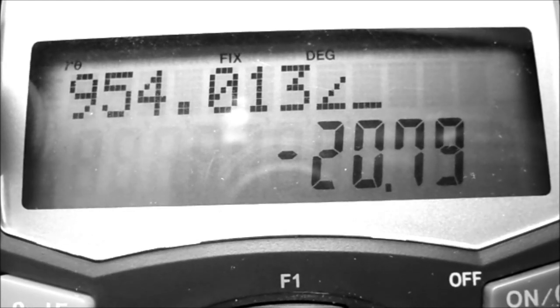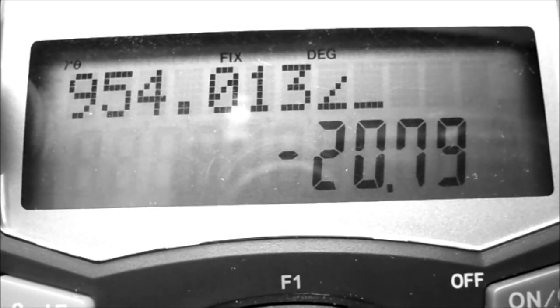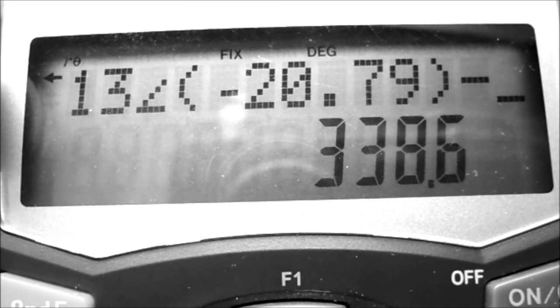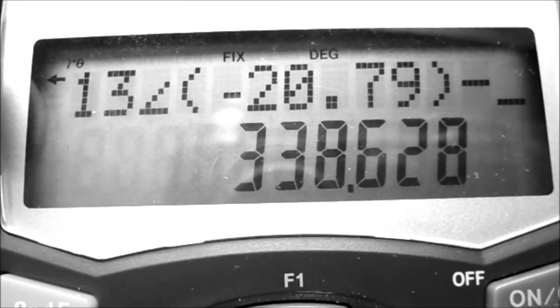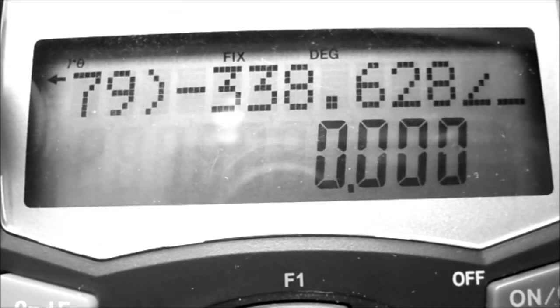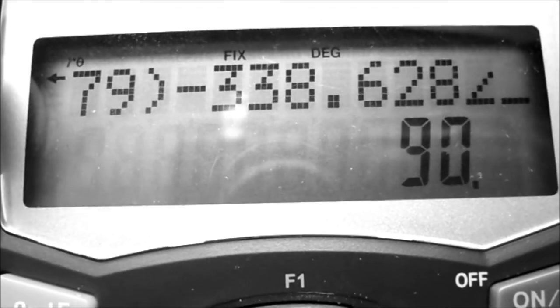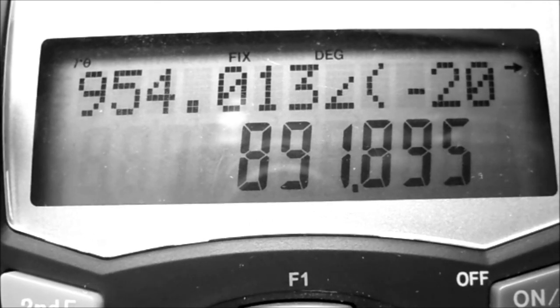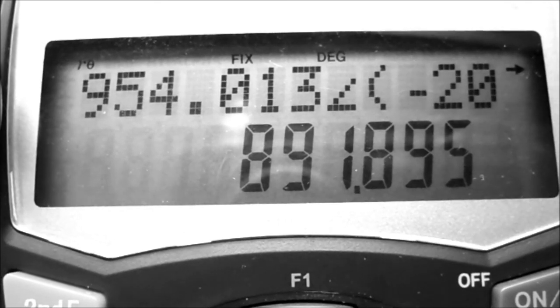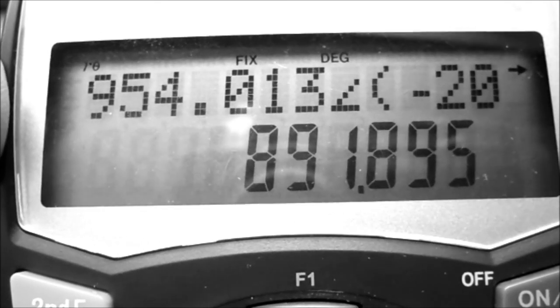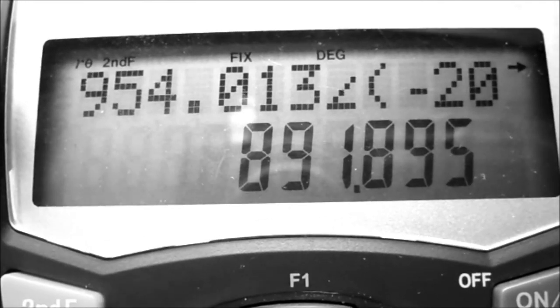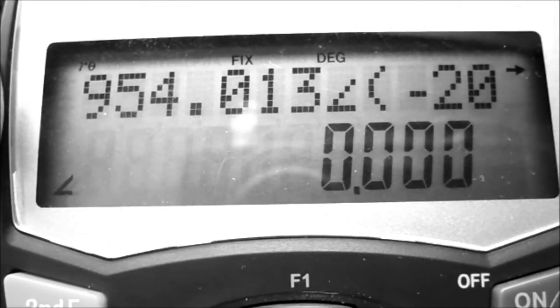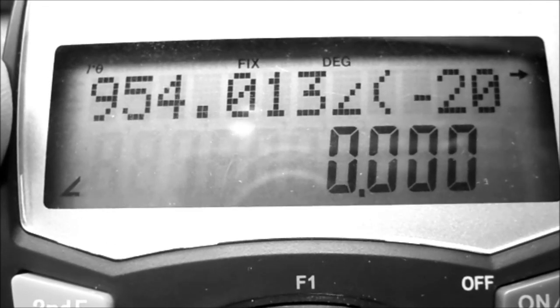And from that I want to subtract XC, so I press minus 338.628, and it's going to be at an angle of 90 degrees minus. So that equals 891.895. And when I press second function, EXP, it gives me an angle of 0 degrees.